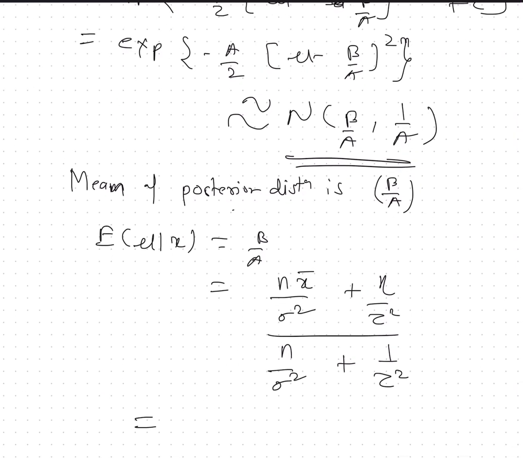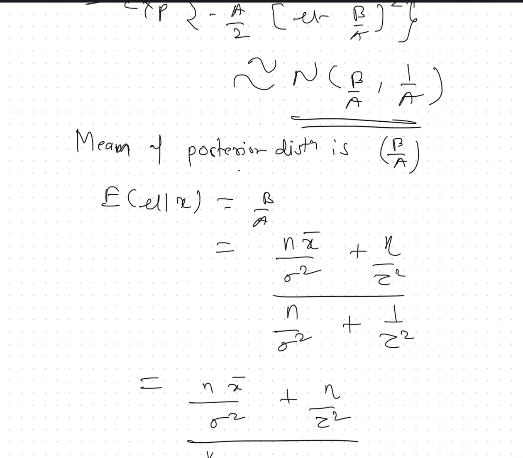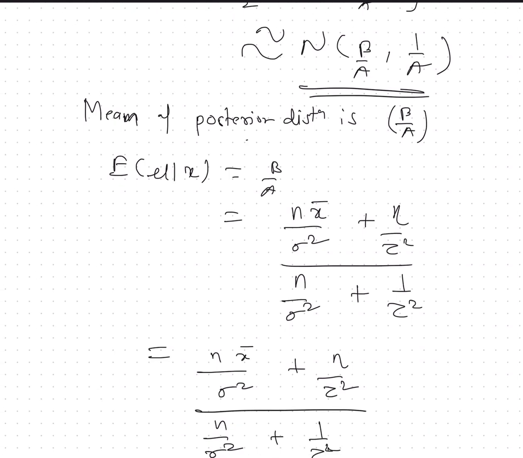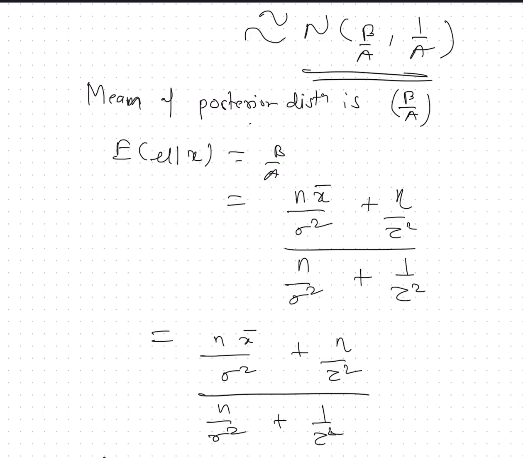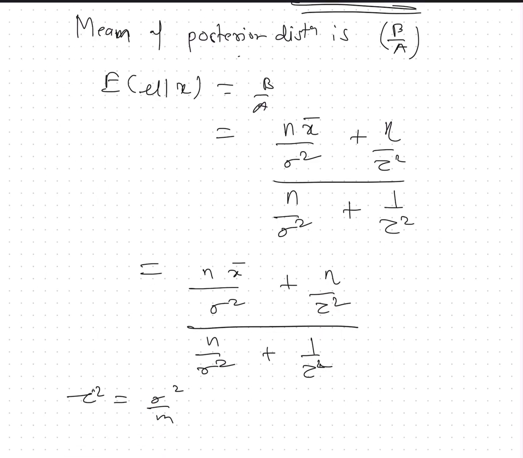Now we will try to simplify it further. That is n into x bar upon sigma square plus mu into tau square, upon n upon sigma square plus 1 upon tau square. Sorry for repeating this. Generally what happens is we calibrate tau square as sigma square upon m, so we need to substitute tau square as sigma square upon m.